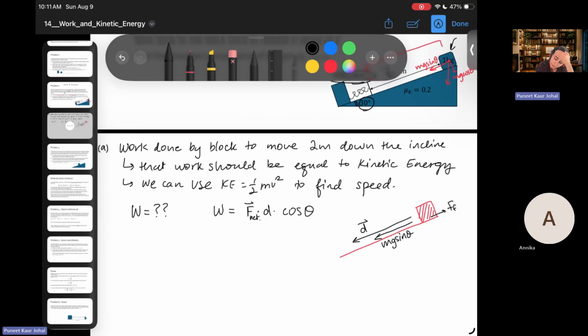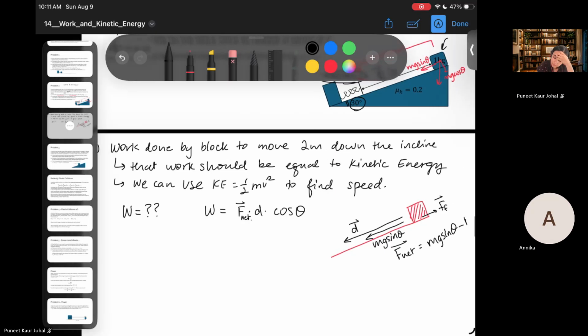Friction is this way. Where is F net? Because it's sliding down, gravity should dominate. So F net should also be acting down because the object is moving down.